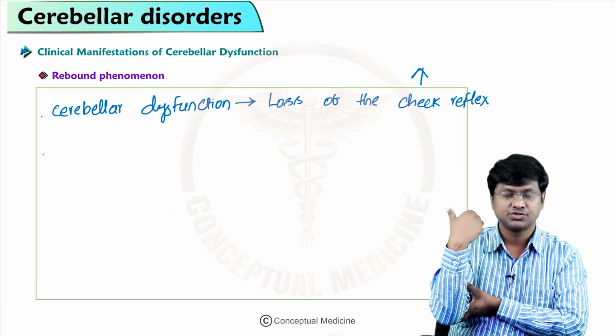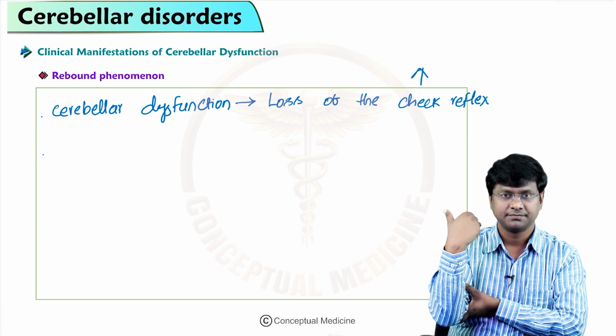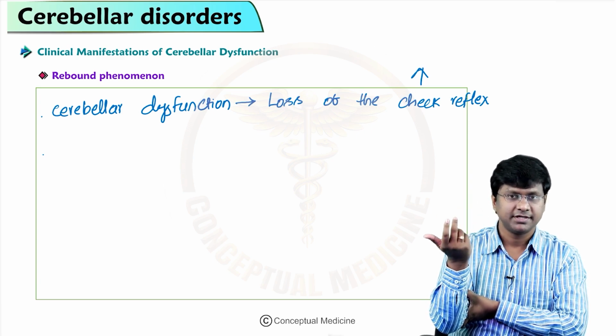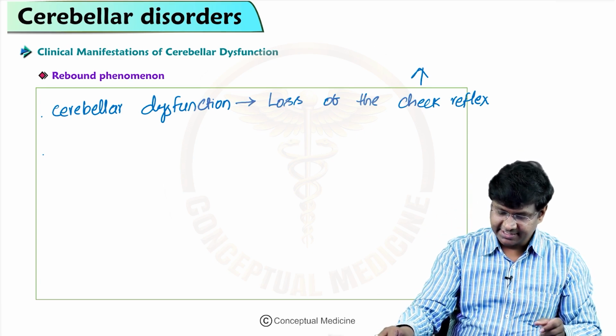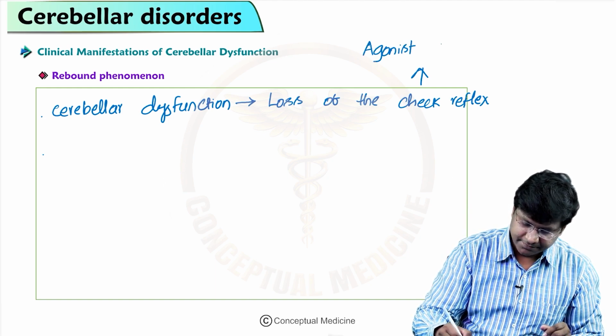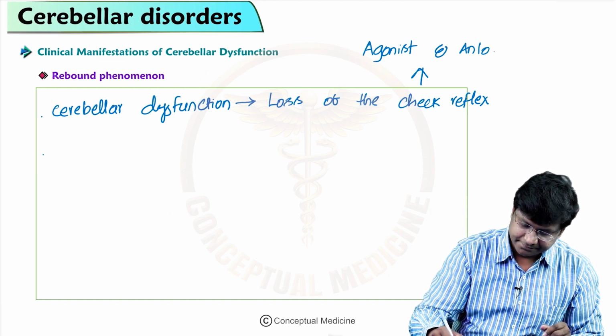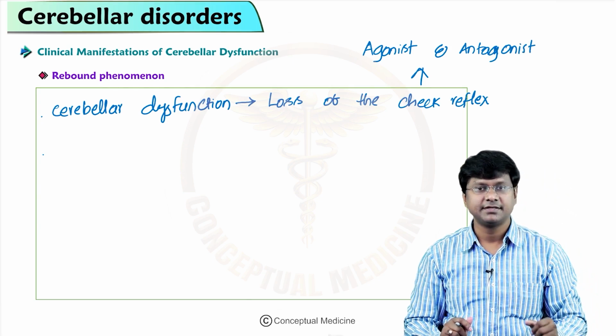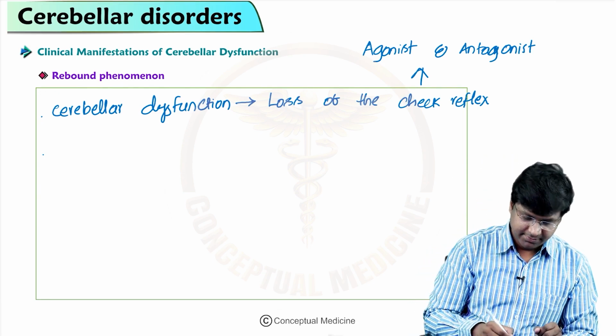That means there will be stoppage of the movement of the forearm, and it prevents the hitting of the face of the patient or the individual. So the check reflex is maintained by the agonist as well as the antagonist.